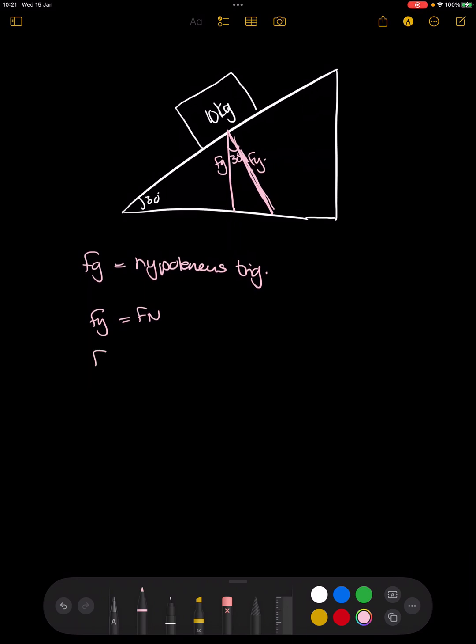So we're going to say Fn is equal to Fg cos 30. So my Fn in this example is that.